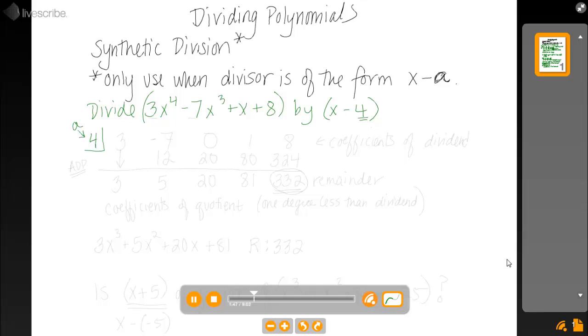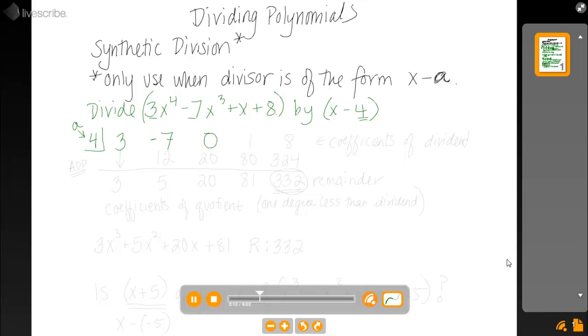That's our a. Next we're going to write down the coefficients of our dividend. 3, negative 7. You might think the next coefficient is 1, but look at the powers of x. x to the 4th, x cubed, x, and then x to the 0. We're missing our quadratic term. We can't just forget about it.